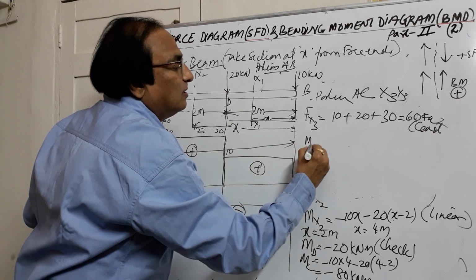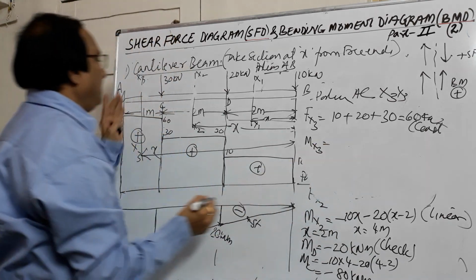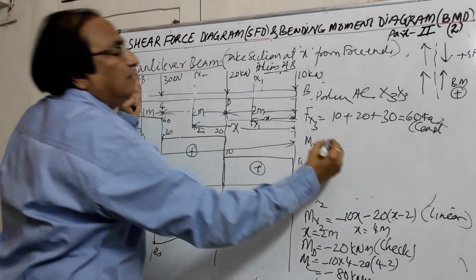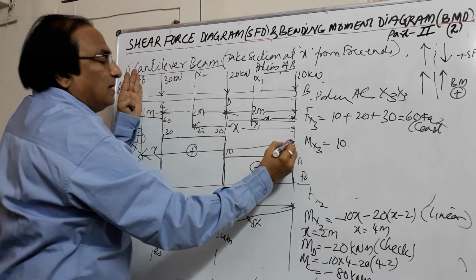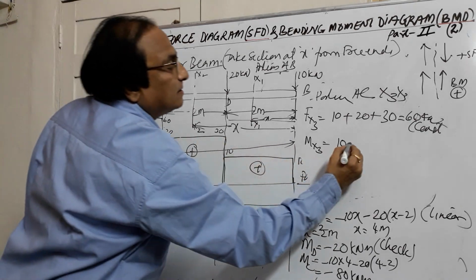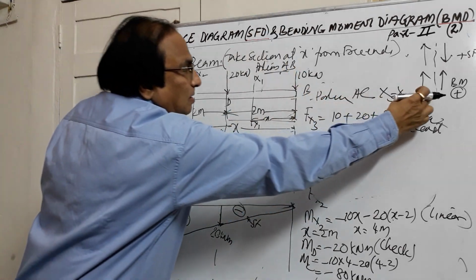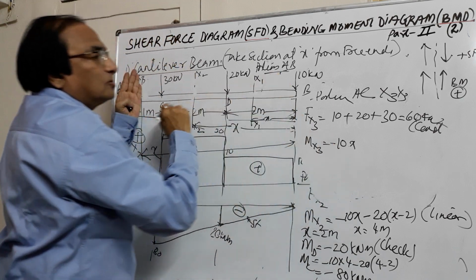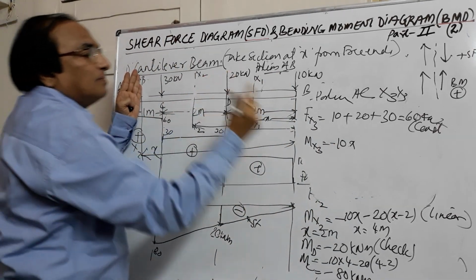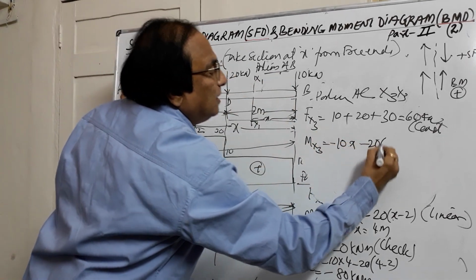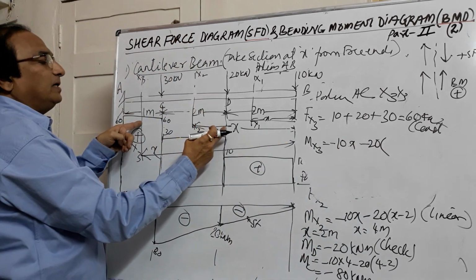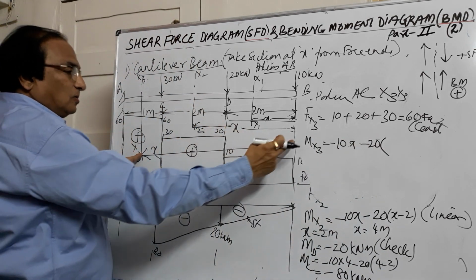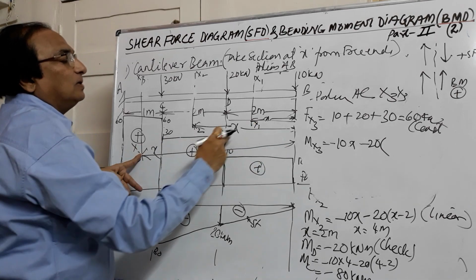Likewise, if I try to find the moment at x3, we'll begin with this 10, and the perpendicular distance we have taken is x. Downward, moment is negative. All are down, so moments are negative. Then we'll come to this minus 20 into, we need this distance from here to here. From here to here it is x, and from here to here it is 2.